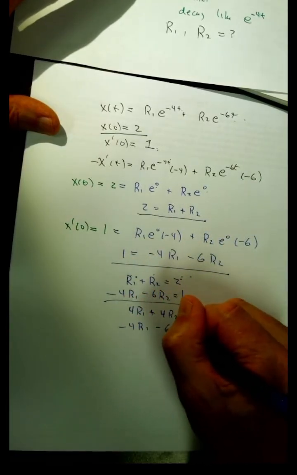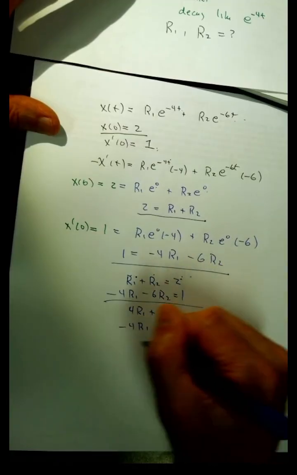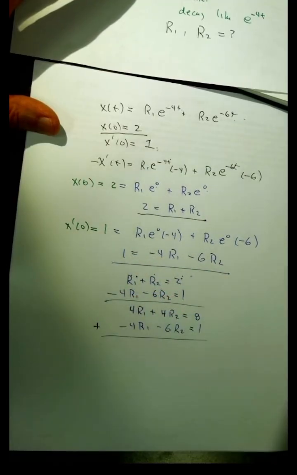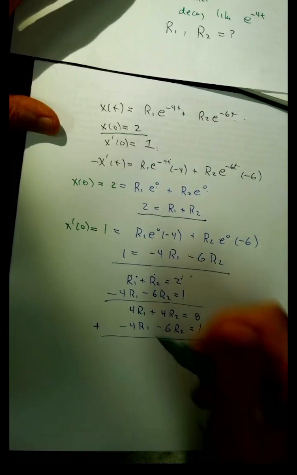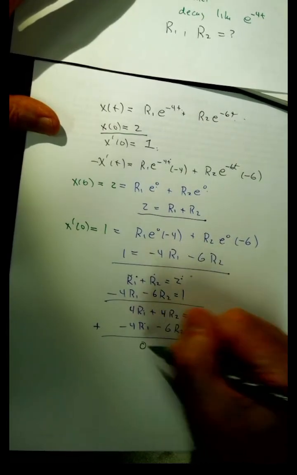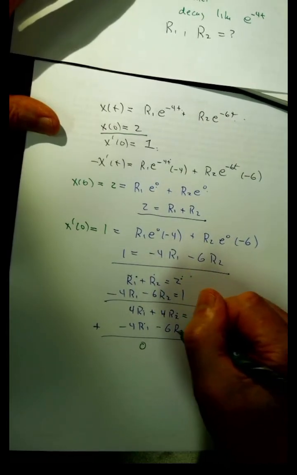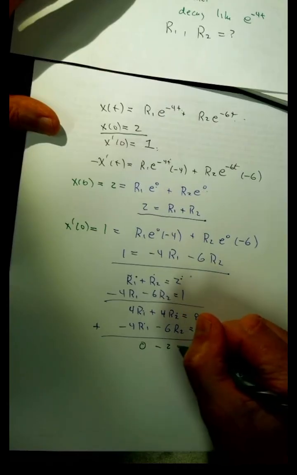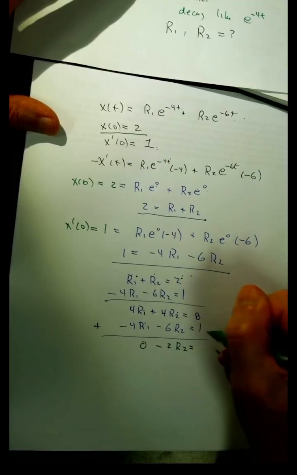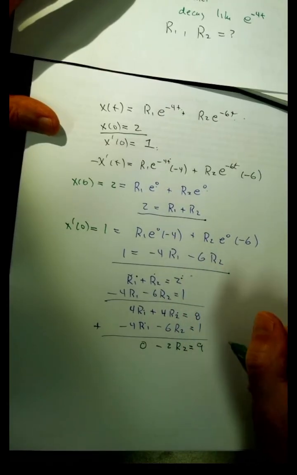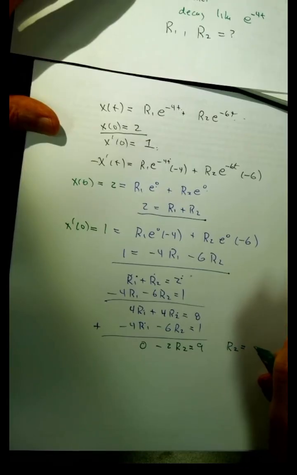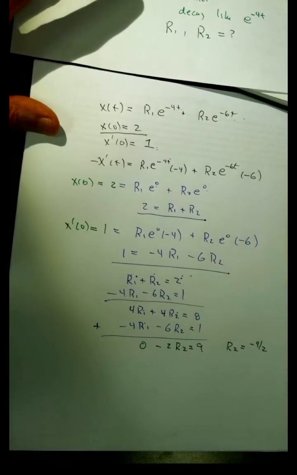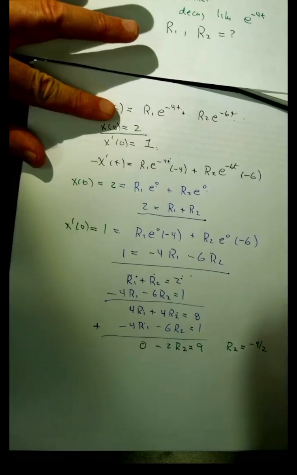I'm going to leave the second equation alone. Now when I add them together, 4r1 minus 4r1 is 0, 4r2 minus 6r2 is -2r2, and 8 plus 1 is 9. So I get r2 is -9/2.